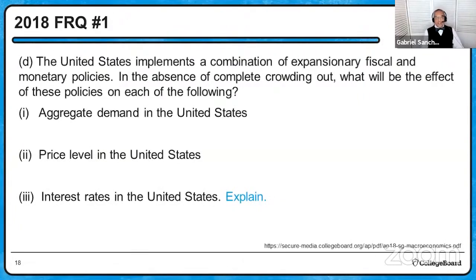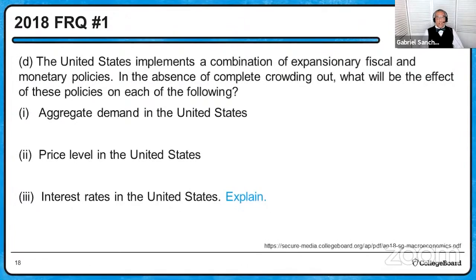I, aggregate demand in the United States; II, price level in the United States; and III, interest rates in the United States. Explain. Again, this effect question is a 4-choice. So what will happen to aggregate demand? Increase, decrease, remain the same, indeterminate. And there is no explanation needed. It is just the assertion of your answer.